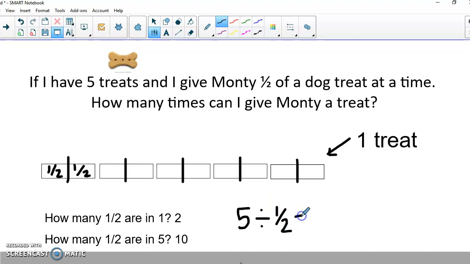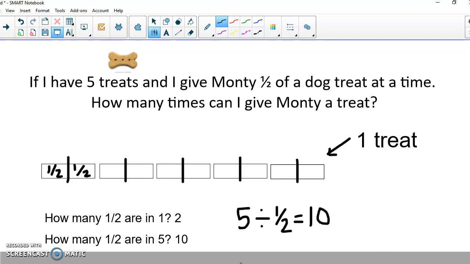So then how many times can I give Monty treats? I can give him 10. Now, we're going to keep going, but I want you to think, why is my answer bigger than my whole that I started with? I want you to think about that as we go on.